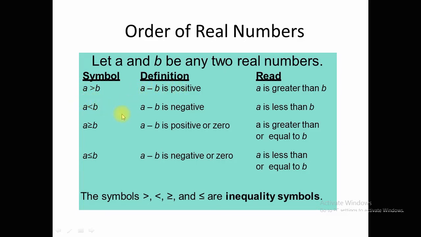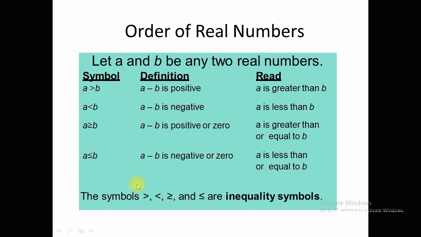This expression is read as A is less than B, and A less than B means A minus B is negative. This expression is read as A is greater than or equal to B, and it means A minus B is positive or 0. This expression is read as A is less than or equal to B, and it means A minus B is negative or 0.